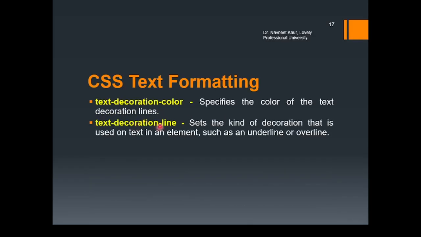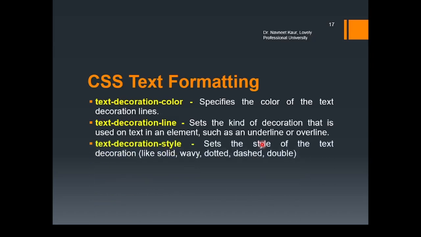The next one is text decoration line. It will set the kind of decoration that is used on text in an element, such as an underline or overline. Then next we have text decoration style. So this will set the style of the text decoration, like you can have solid, wavy, dotted, dash dot, double.